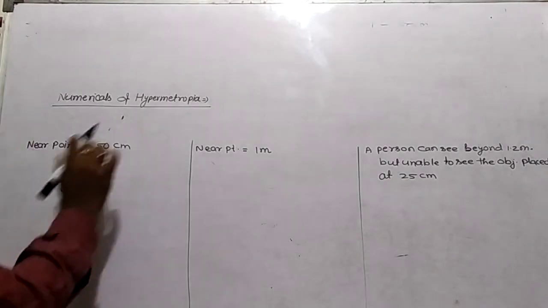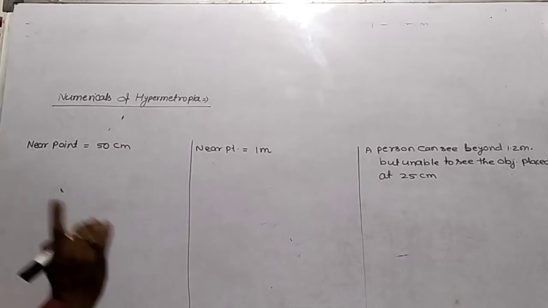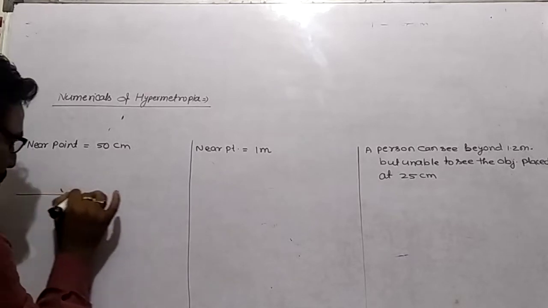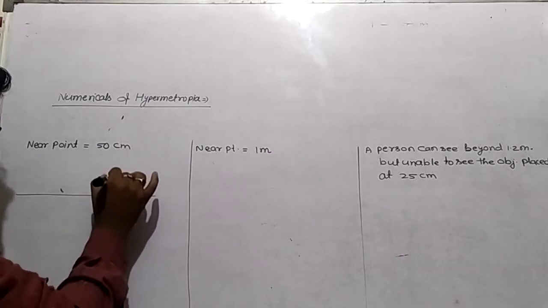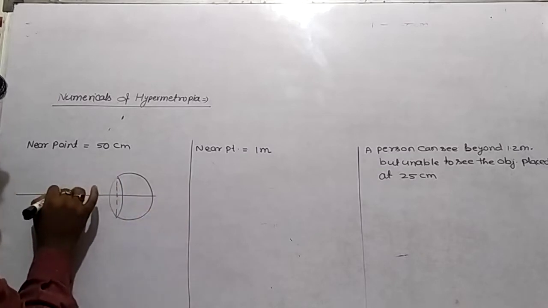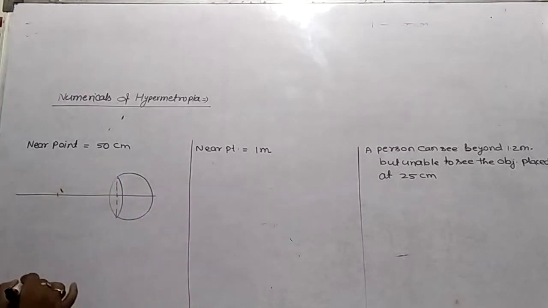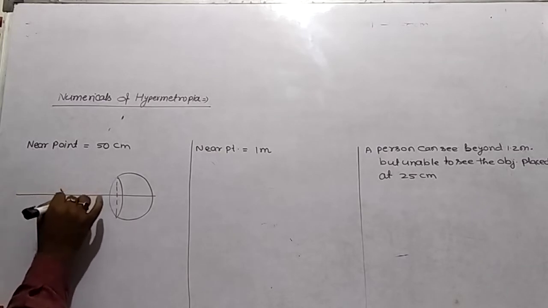Now see all of these. Near point is 50 centimeter. We have discussed, beta, near point is the minimum distance from which any object can be seen clearly. Look, this is your eye. This is the near point, and we assume this is 50 centimeter.